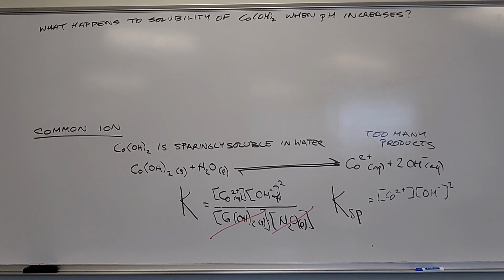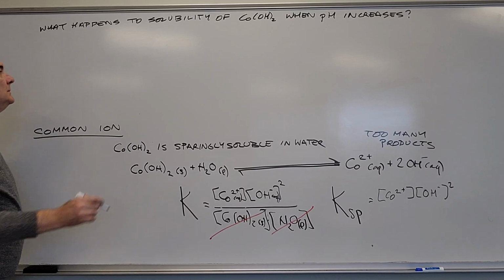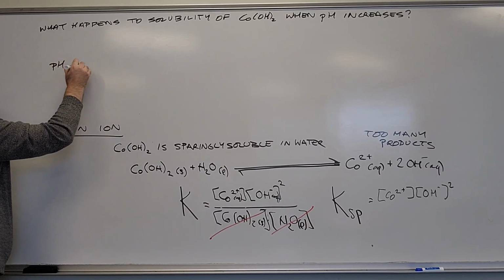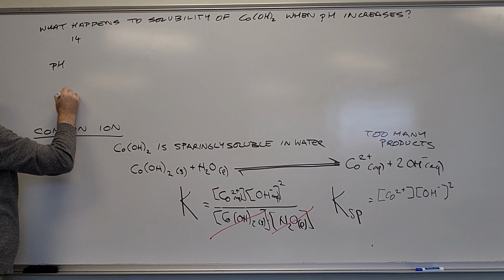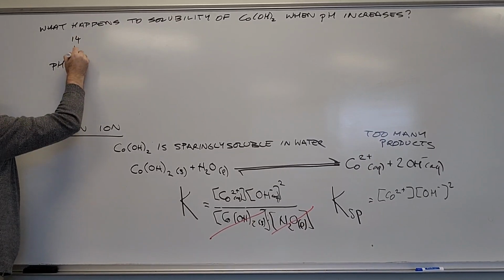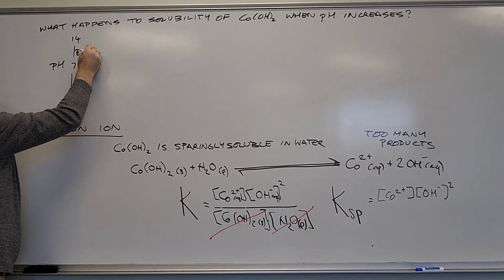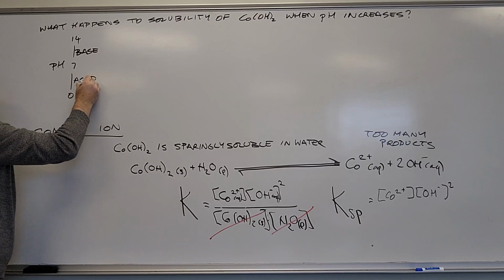The solubility increases. Let's break this down. pH is a scale from 14 to 0 with 7 in the middle. This is where the bases are, and this is where the acids are.